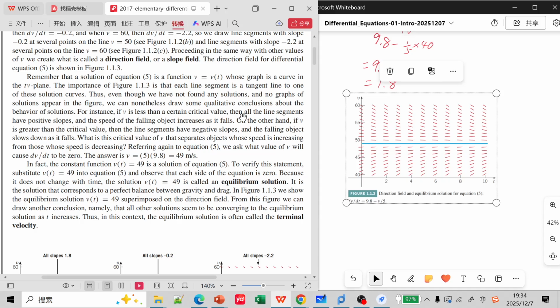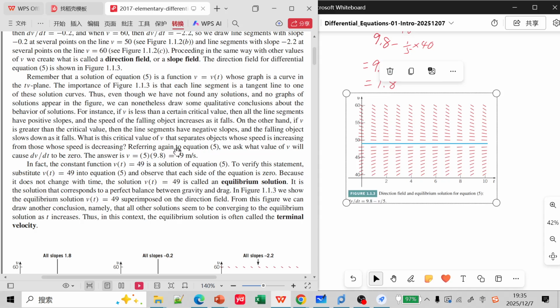We can see the line segments have positive slopes, so we go to find the segments with positive slopes. And in this figure, maybe these segments have positive slopes. On the other hand, if v is greater than the critical value, then the line segments have negative slopes. And maybe these segments have negative slopes. And the falling object slows down as it falls.